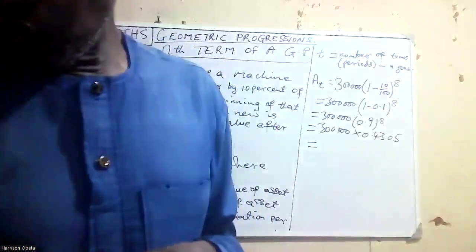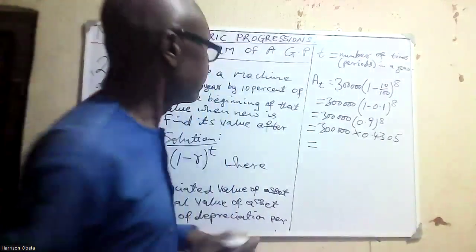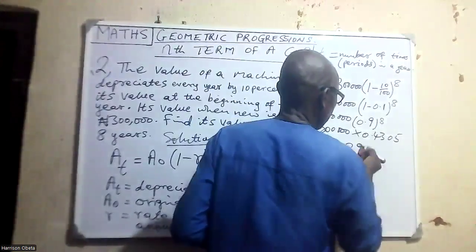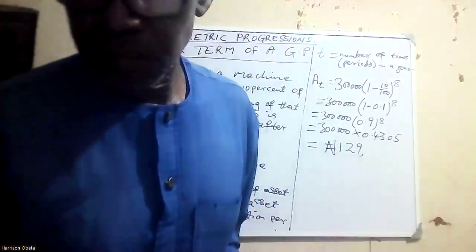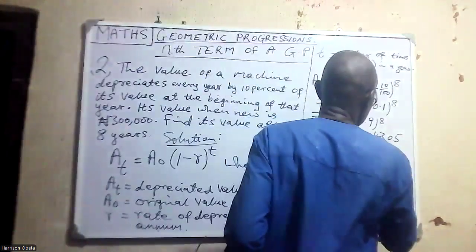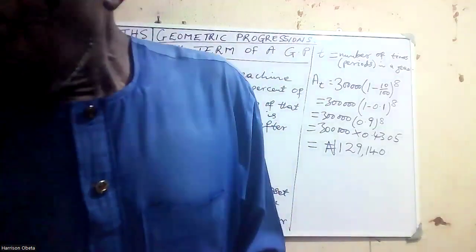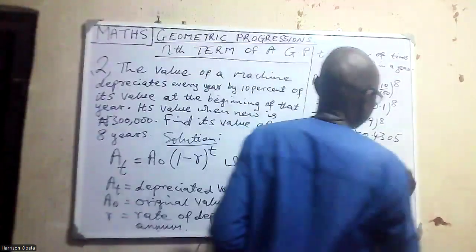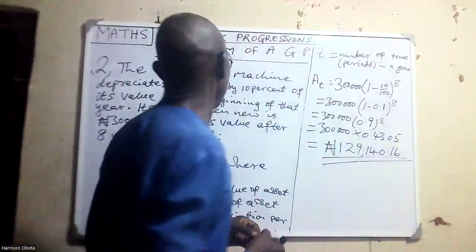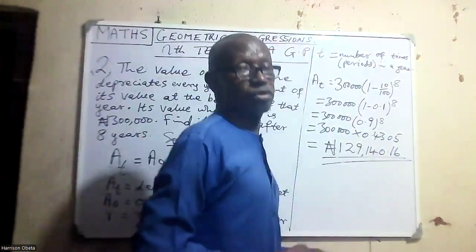And that will give us 129,140.163, approximately 129,140.16. So that means the value in 8 years is this amount.